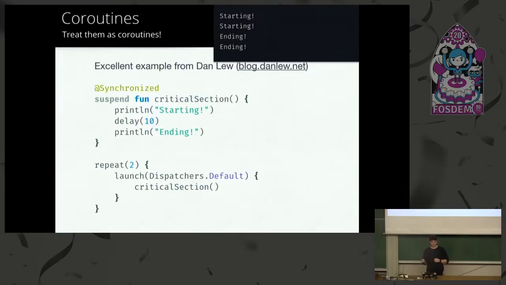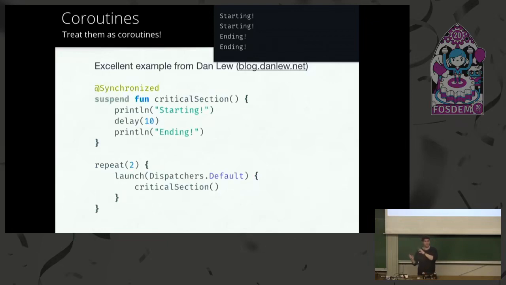And to understand that, we have to understand how the suspending mechanism works in coroutines. What it actually does on a high level is when you enter the critical section from a coroutine, it's going to acquire the lock. So it's going to do the same thing. It's going to lock the function. It's going to print starting. And then it hits the suspending function and is going to put the state into a continuation and suspend it.